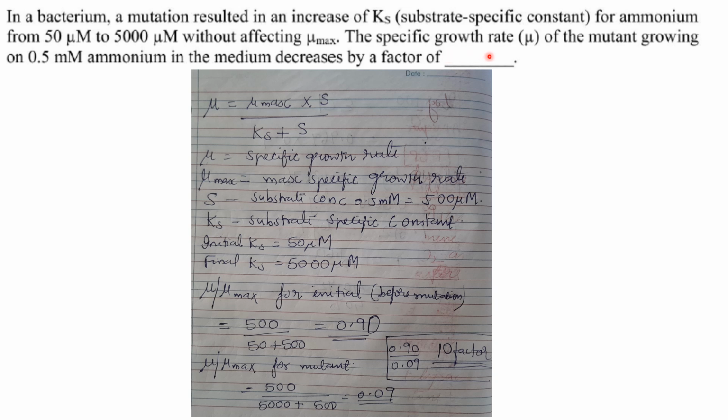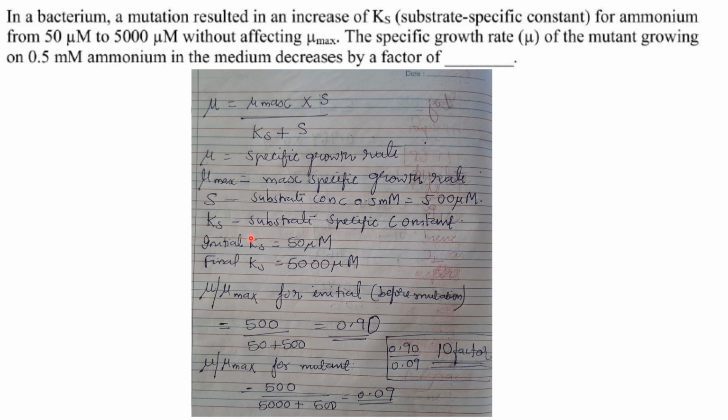The specific growth rate, that is mu, of the mutant growing on 0.5 millimolar ammonium in the medium decreases by a factor of... So here you know the formula: mu is equal to mu max into concentration of S by Ks plus S. So mu is specific growth rate, mu max is maximum specific growth rate, S is the substrate concentration. Here it is 0.5 millimolar, so that is 500 micromolar. Convert, because all the others are in micromolars.